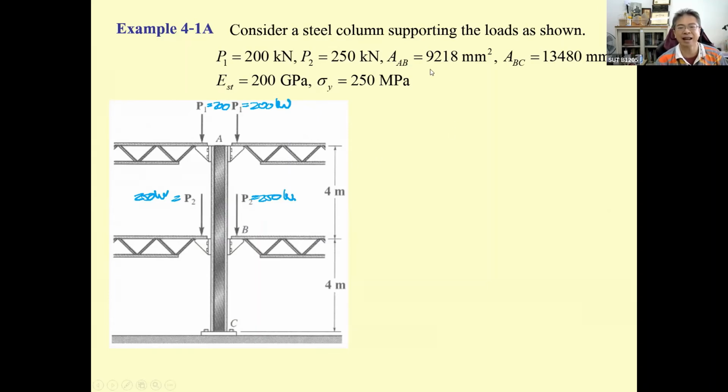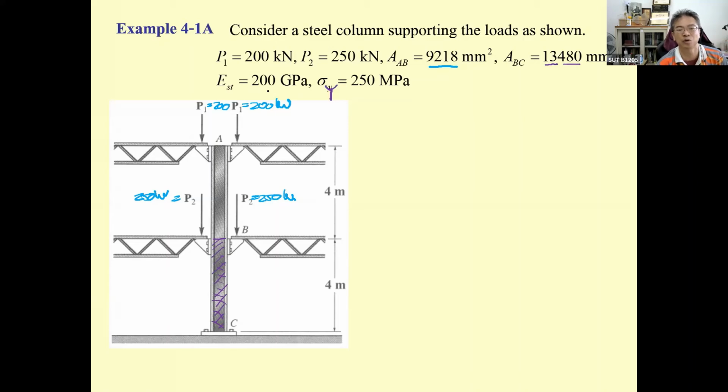The area of this top portion is 9,280. For the first 4 meter column, this is going to be the bigger portion because it takes a bigger load. That is going to be 13,480. This is made of steel.